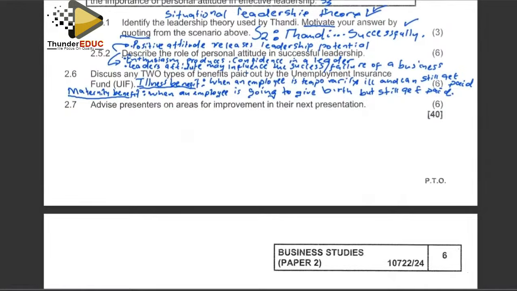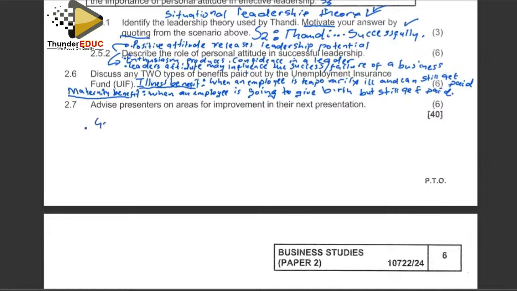So now let's move on to 2.7. It reads as follows. Advise presenters on areas for improvement in their next presentation. So what they should do is revise objectives that were not achieved, use humor appropriately, and always be prepared to update the information that is relevant. Okay, right?